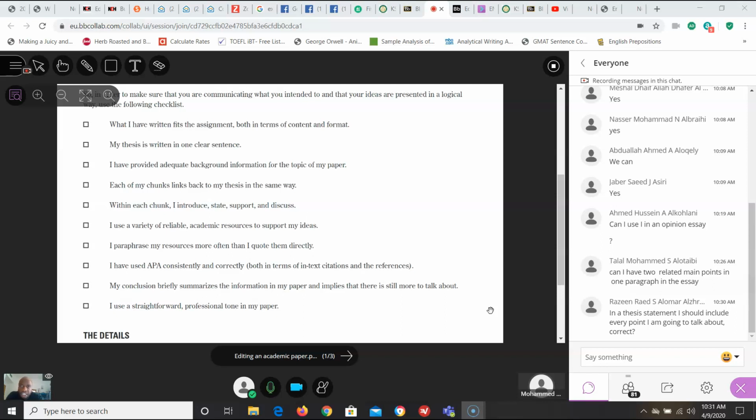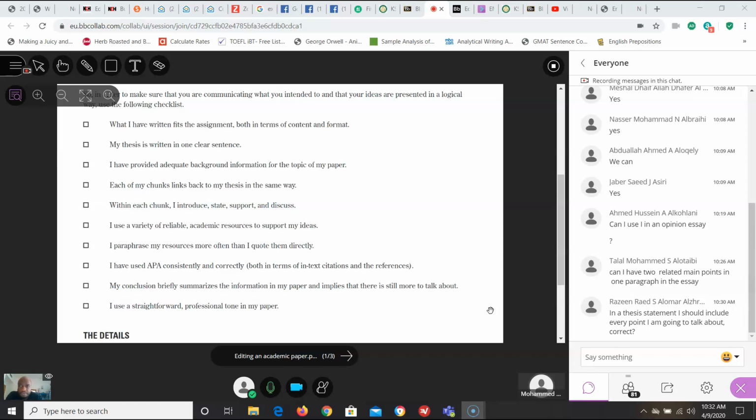Those three points are the roadmap to how you prove your thesis. The problem is you might not have three points, but the suggestion is to try to come up with three.